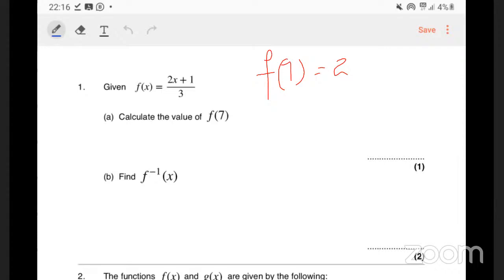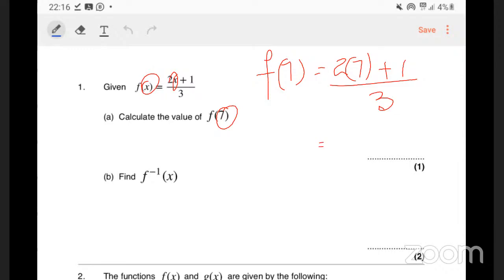I'm not going to write x anymore because where x is, x has been replaced with the number 7. So that's the 7, and then plus 1 divided by 3.